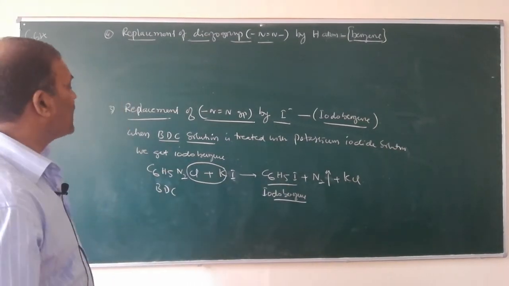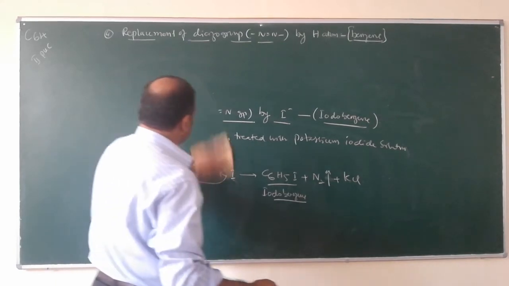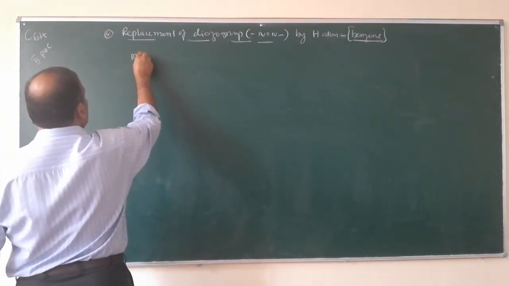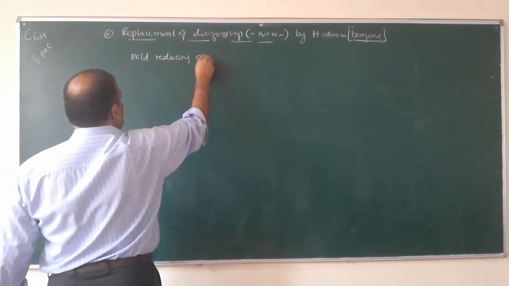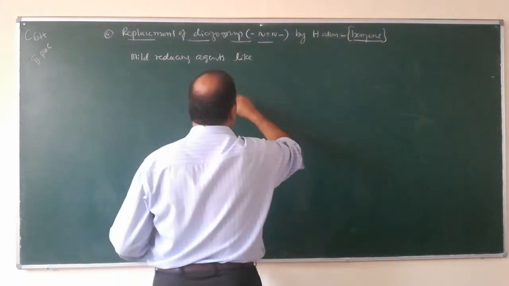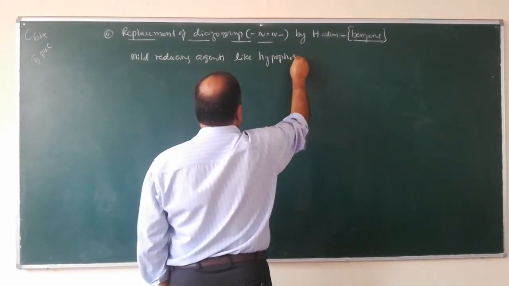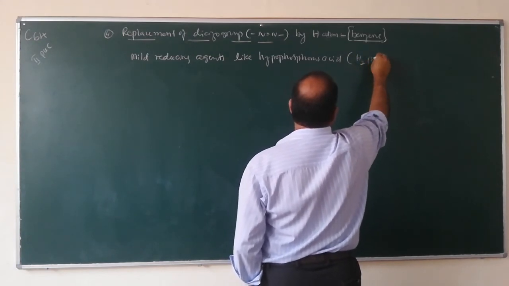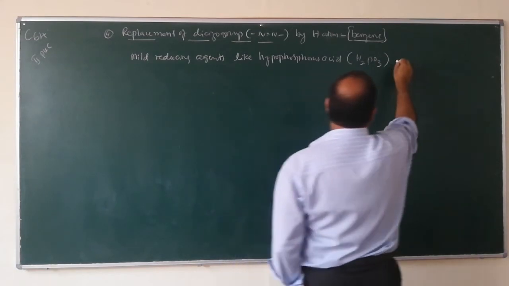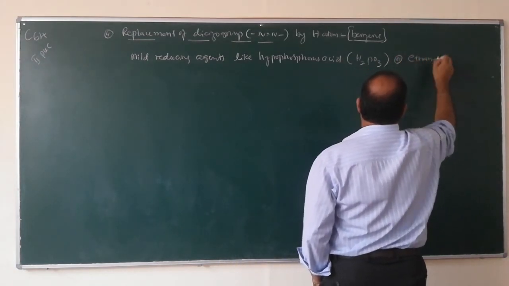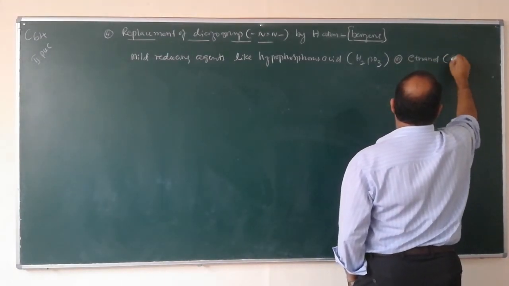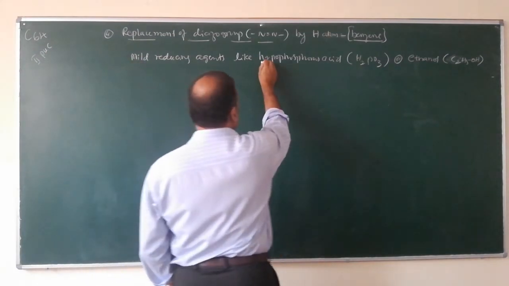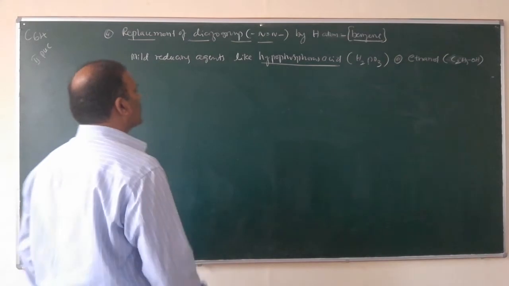Write down: mild reducing agents like hypophosphorus acid, that is H3PO2, or ethanol, that is ethyl alcohol, C2H5OH.